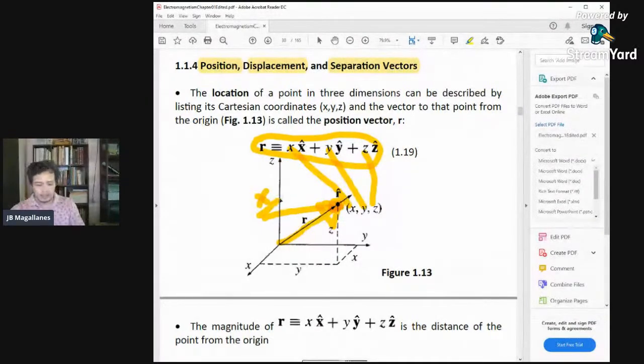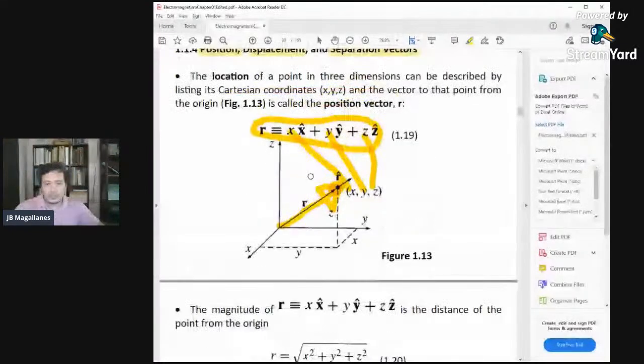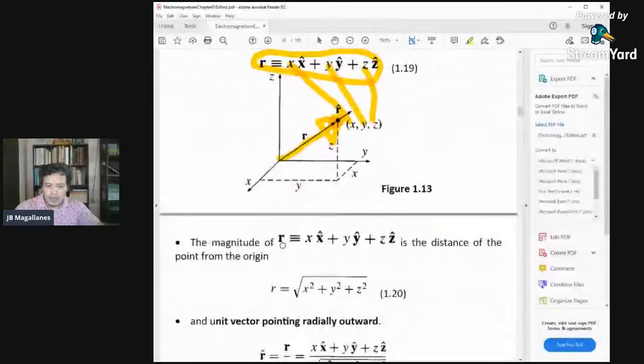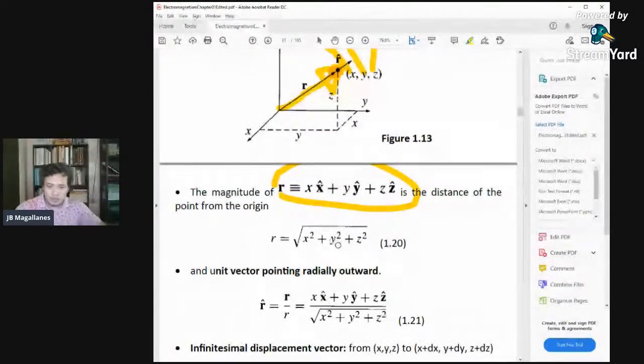So these are x, y, z, the components of the position vector. What is the magnitude of this position vector? The magnitude will just be the square root of x squared plus y squared plus z squared.